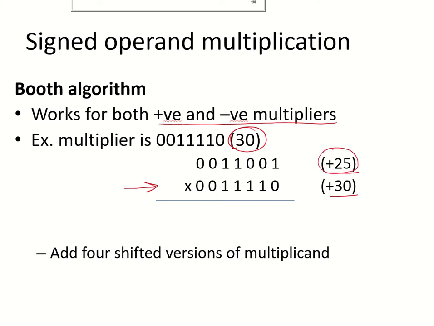So the number of ones in the multiplier are 1, 2, 3 and 4. That means 4 times we will have to add a shifted version of 25. So in a normal multiplication, a 4 times addition of a shifted version of the multiplicand would be required.